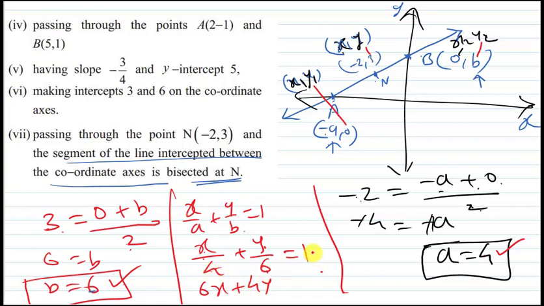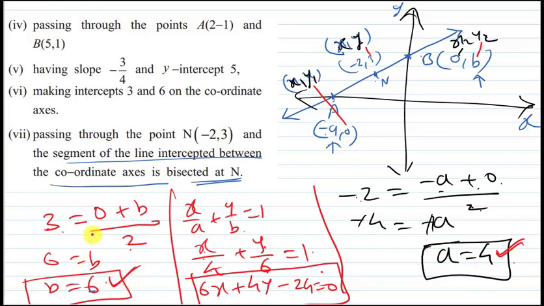Shifting 24 from the right-hand side to the left-hand side, what will you get? Minus 24. This is the equation of the line, right? Having x-intercept as 4 and y-intercept as 6, that we have found by using the midpoint formula.